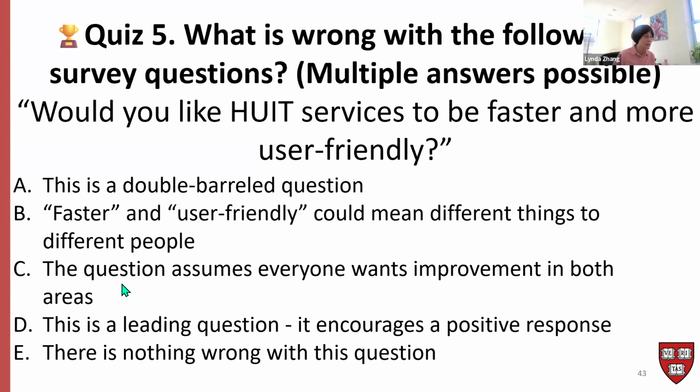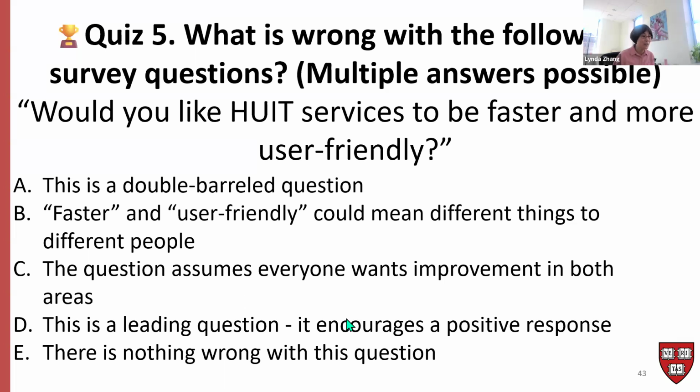And C, the question assumes everyone wants improvement in both areas. That's actually not a strong issue. Of course, everyone wants improvement in both areas. So C is not a strong answer.